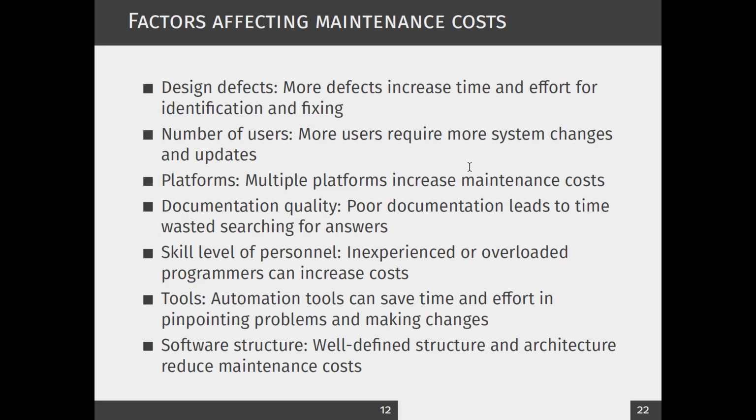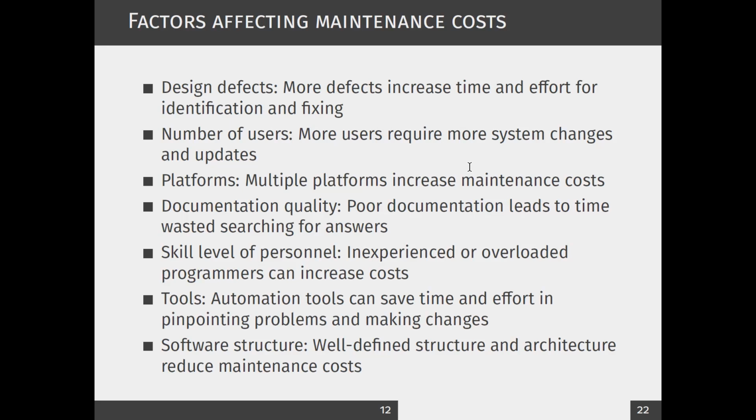Poor documentation leads to a lot of searching time, because sometimes the people change, and when new people take over, they do not understand the software code. So proper documentation is always needed, because most of the time those who develop might not be the ones who maintain it. So documentation is very, very important, especially technical documentation.